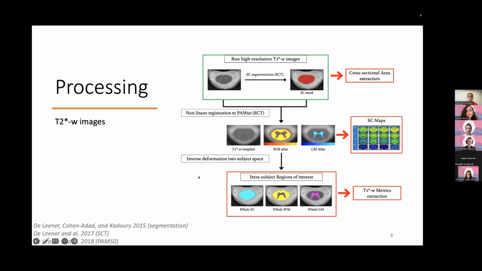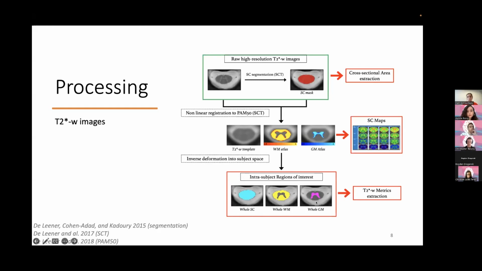Then we applied the inverse deformation, bringing the PAM50 template into each patient's space. This inverse deformation enabled us to get the white matter and gray matter probabilistic atlas into each subject's space so that we could, for each subject, identify some regions of interest in our images.